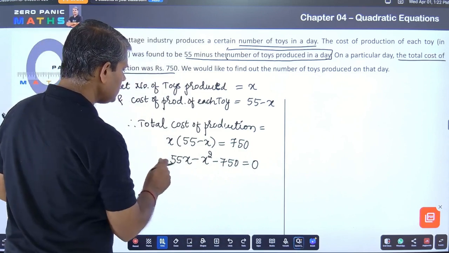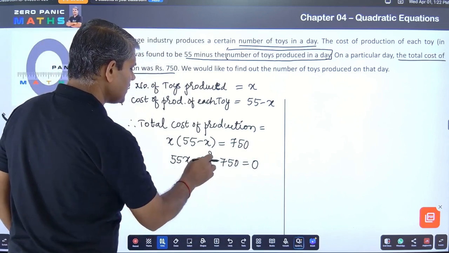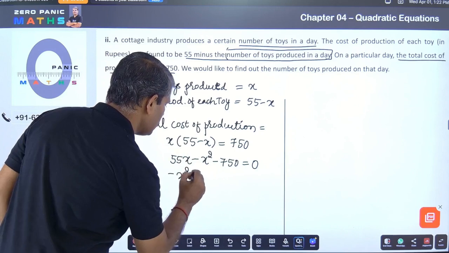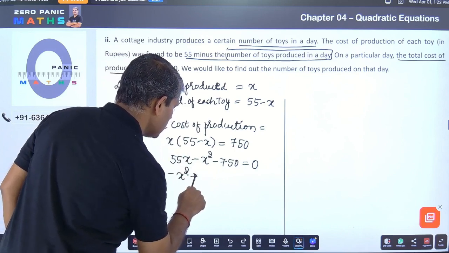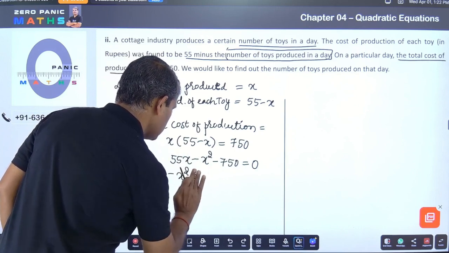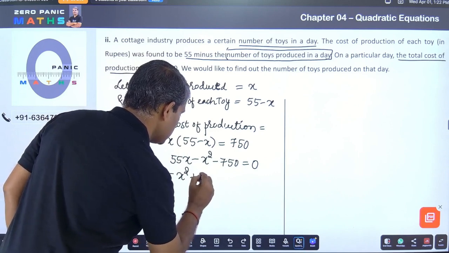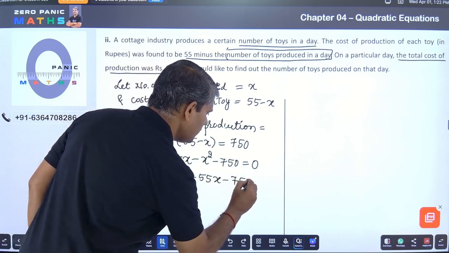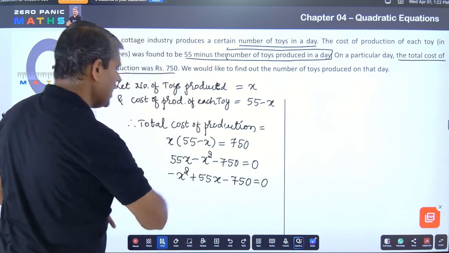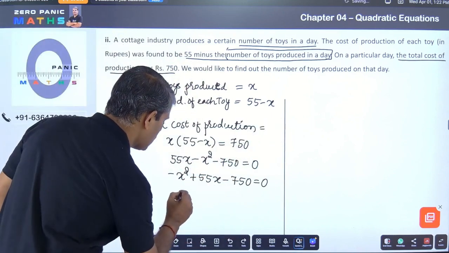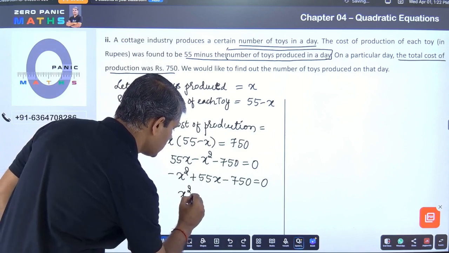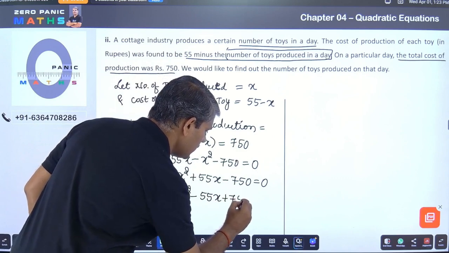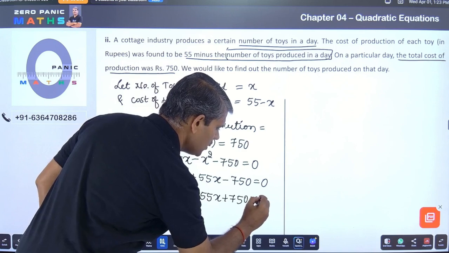Again I can multiply this by minus and take the x square term as plus: x square minus 55x plus 750 is equal to 0. Multiply by minus throughout to get the final expression. Hope you understood this.